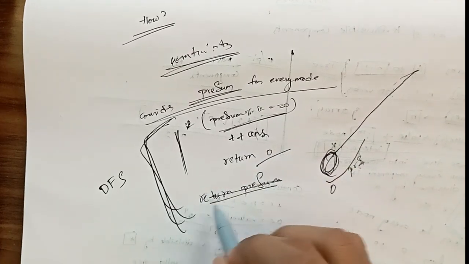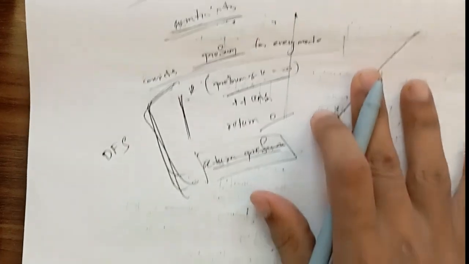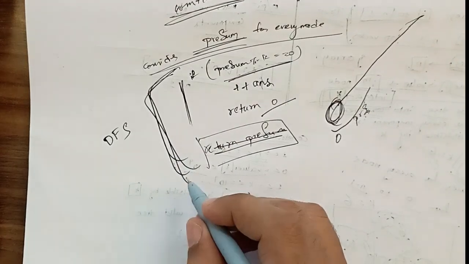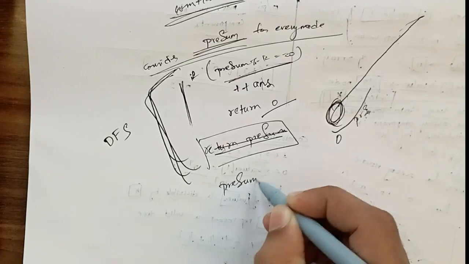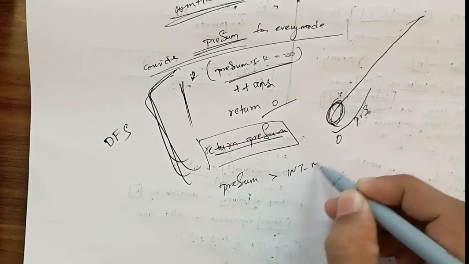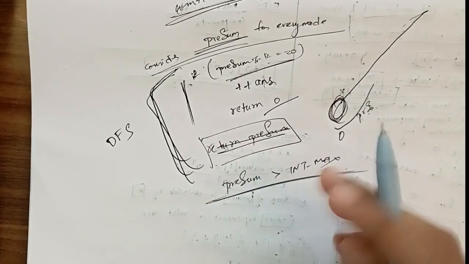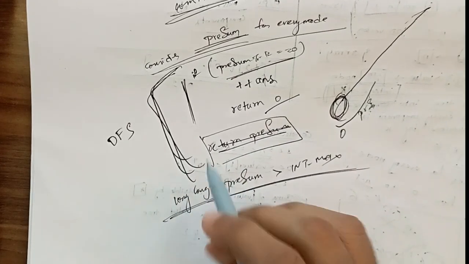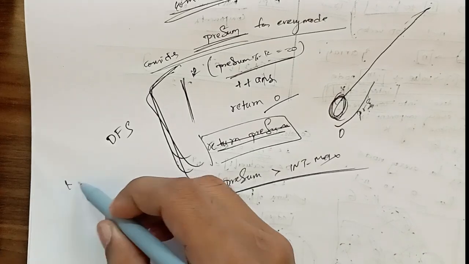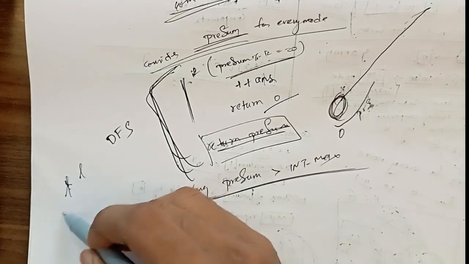Else we'll be returning our prefix sum. And as I said, about the constraints, the prefix sum may increase beyond the maximum limit of integer. So we'll be using long. So our DFS will be having long return type.